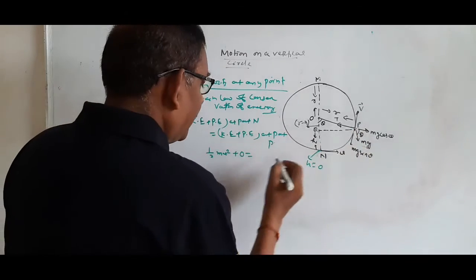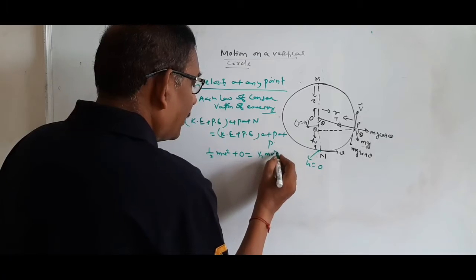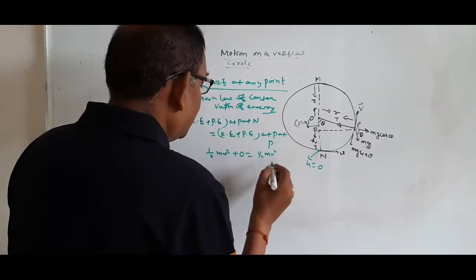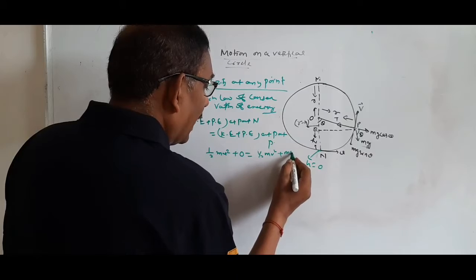At point P, the kinetic energy is half m v square and the potential energy is mgh. Clear?